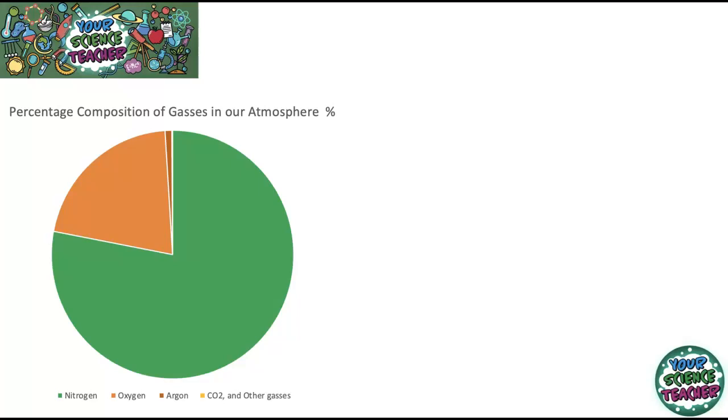If we have a look at this pie chart, you'll see that the largest segment is nitrogen. In fact, our atmosphere is 78% nitrogen. This often surprises a lot of the students that I teach. Nitrogen is incredibly stable, very unreactive, and once it's in the atmosphere it doesn't leave.